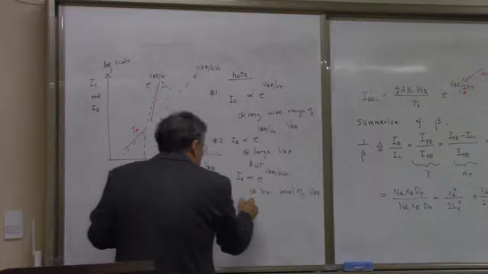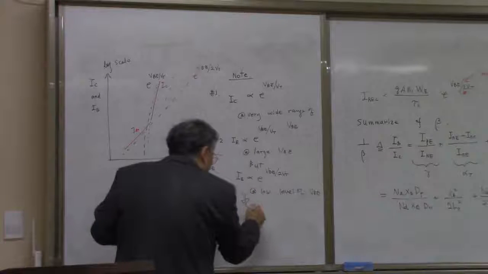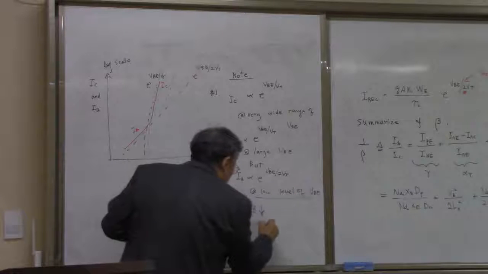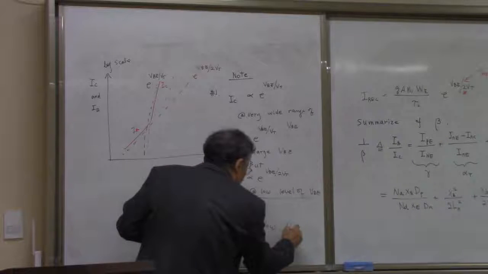So this means beta is going to go down at low levels, at low VBE.